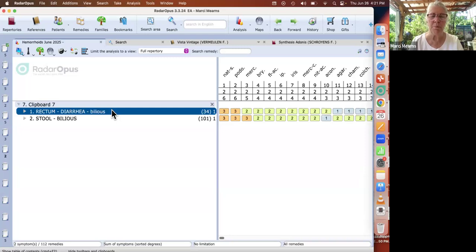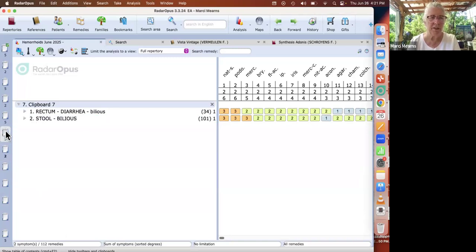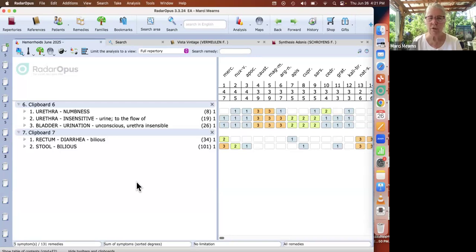So we have bilious diarrhea and a bile-filled stool. Now, again, I could probably combine the two of these. I did not choose to do so. But if I just take those last two, so I've actually got 1, 2, 3, 4, 5 symptoms. I don't have any one remedy that comes through all those, but I have some great possibilities here, don't I?